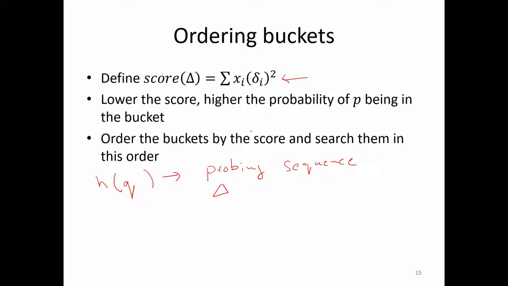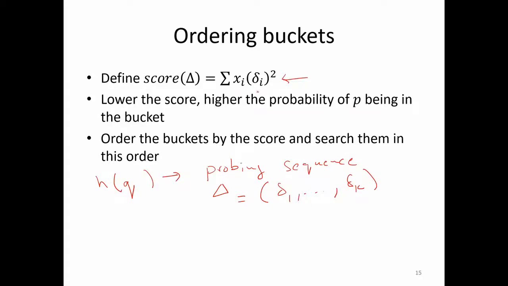And what we saw is that this delta is the vector delta 1 till delta k for k hash functions. Each can be 0, plus 1 or minus 1. In case of 0, this xi is 0 obviously. In case of plus 1 there will be a value of xi, and in case of minus 1 there will be another value of xi.